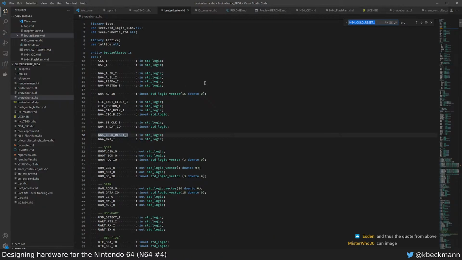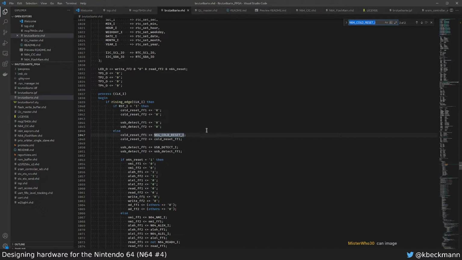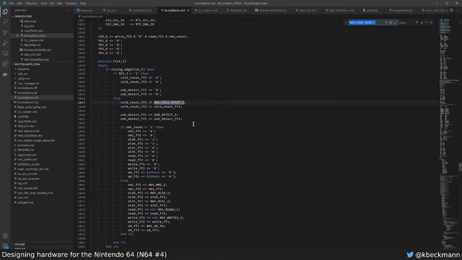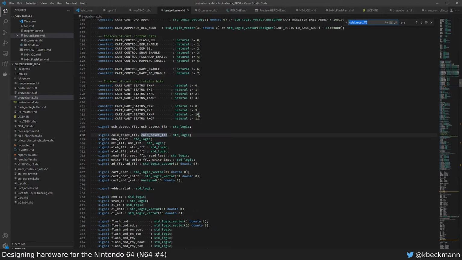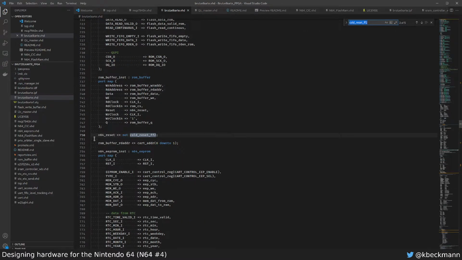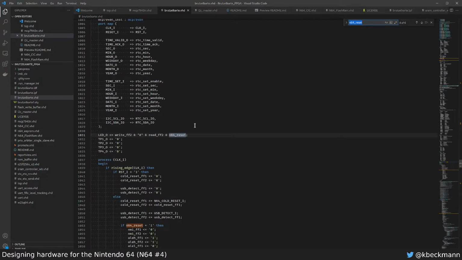So I suppose that is sampled from the N64 side. So do we do anything with that? Okay, it gets inverted and stored into the N64 reset register.